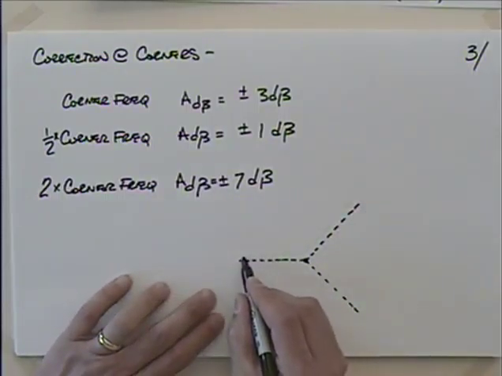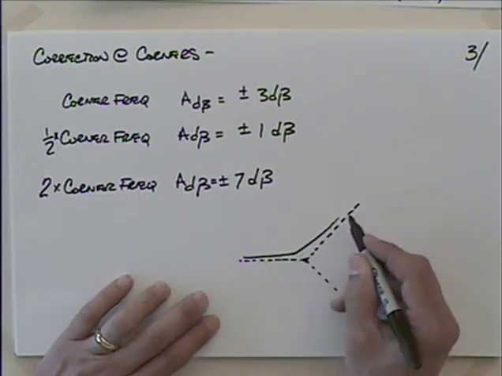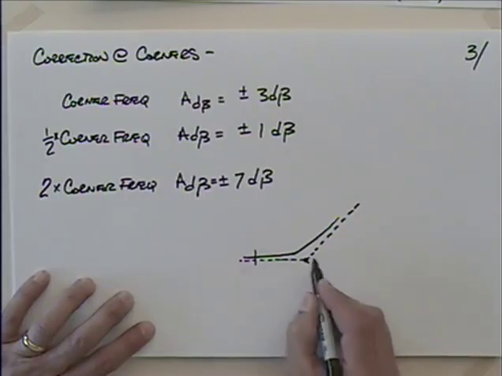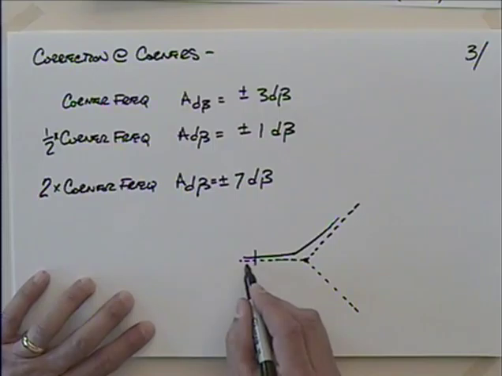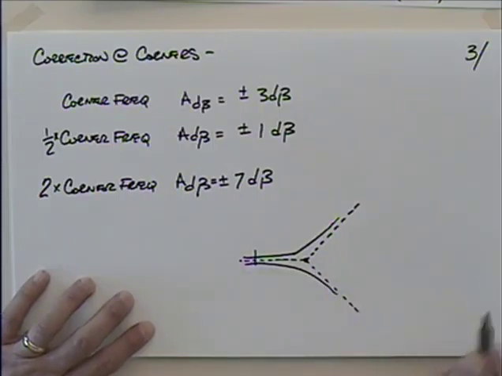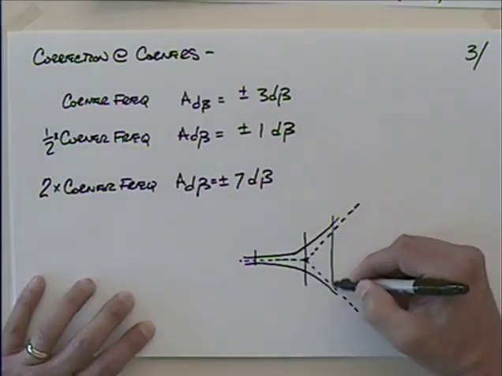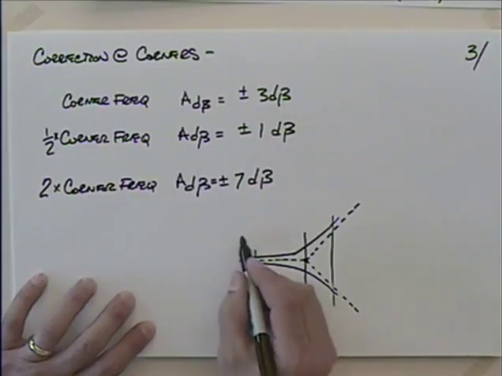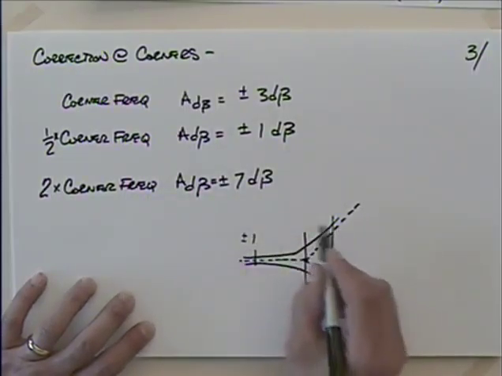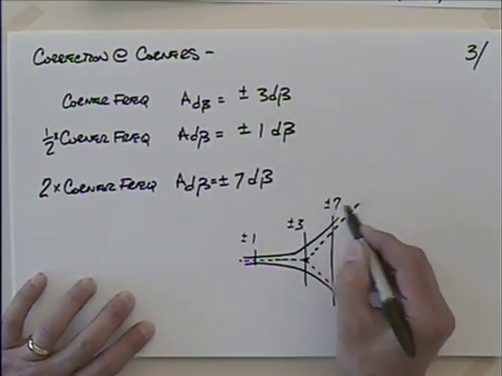So you're trying to get this approximation in here like this. So here you would have plus or minus 1. Here you would have plus or minus 3. And here then you would have plus or minus 7.